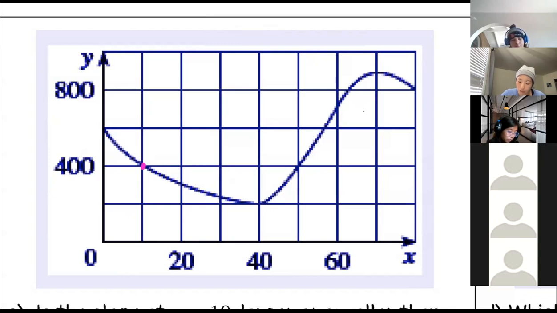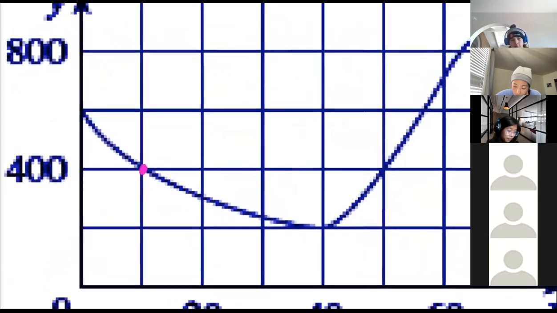And when I'm getting really close to 10 slope-wise, we end up with something kind of like this. Do you see how that pink line just touches the graph right at that one point? I think Natalia even said it's like a tangent line. It touches the graph in just one place.